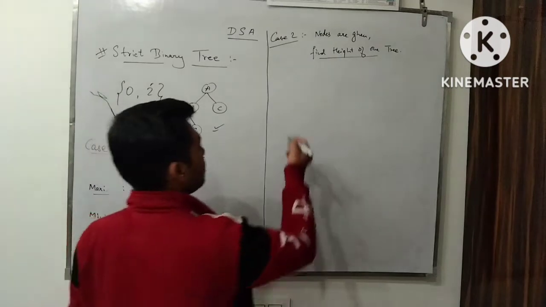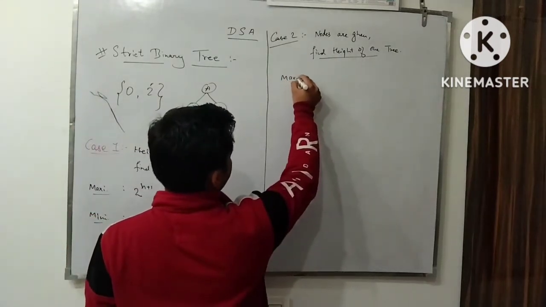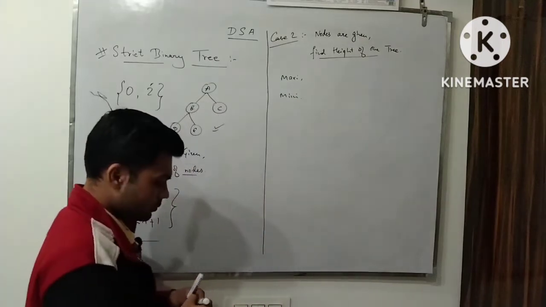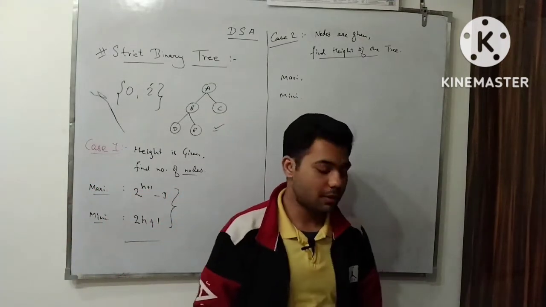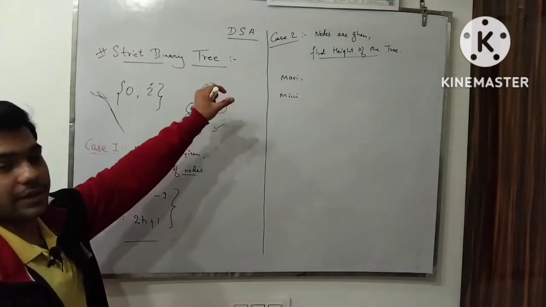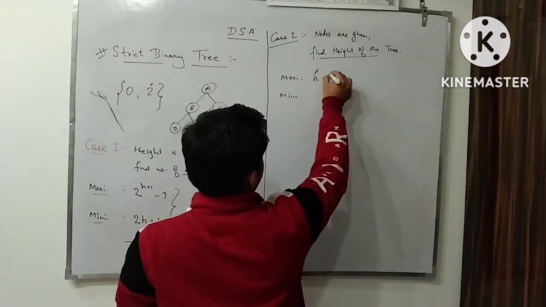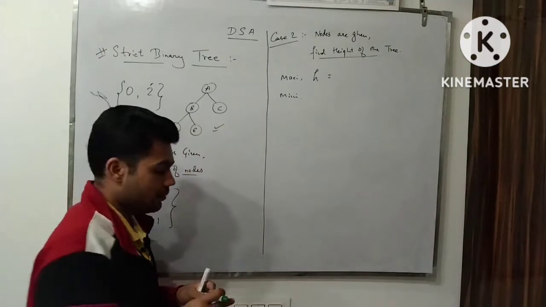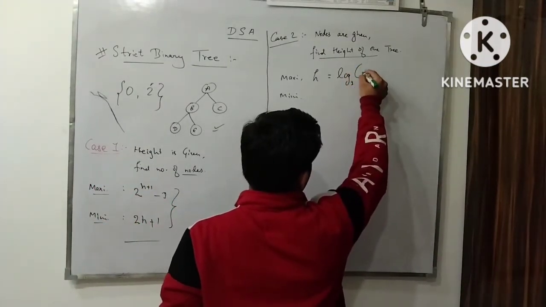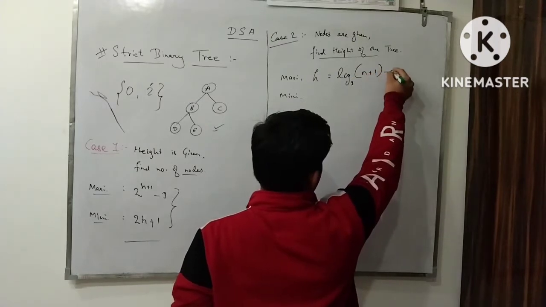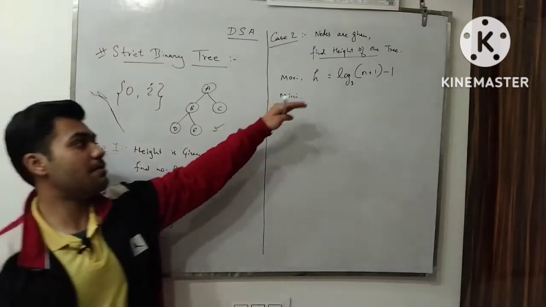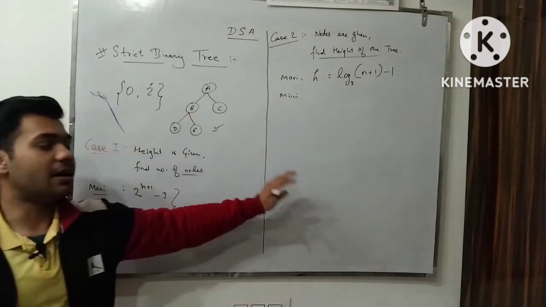We have to generate the formula for the maximum and for the minimum. So what will the formula be? For the maximum height, I will take it as h. The maximum height will be log to the base 2 of (n plus 1) minus 1. This formula will give the maximum height of a strict binary tree.